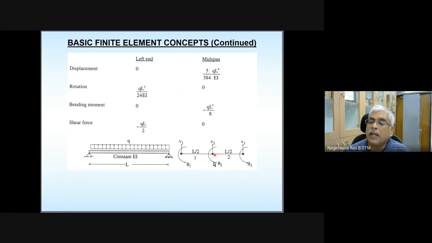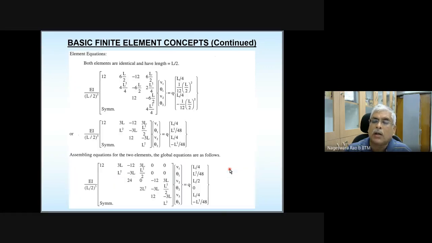Actually, because of symmetry, theta 2 is going to be 0. Once you solve, you should check whether theta 2 is 0 or not, because it's a symmetric point. So let's solve for theta 1, V2, theta 2, theta 3.